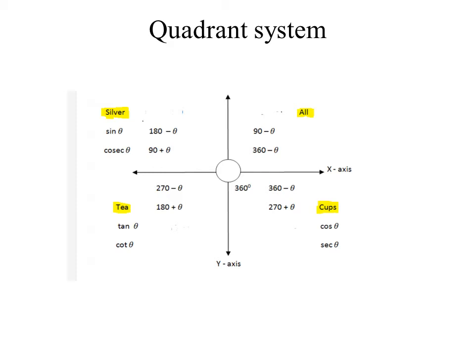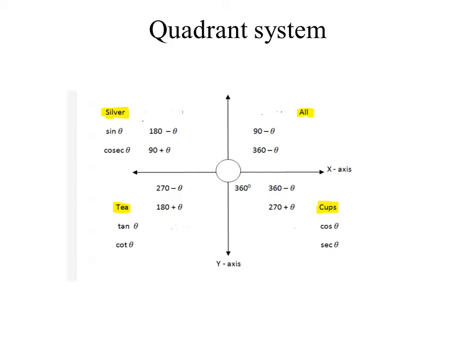Then the second quadrant as 180 minus theta or pi by 2 plus theta. Third quadrant as pi plus theta or 3 pi by 2 minus theta. Fourth quadrant as 3 pi by 2 plus theta or 2 pi minus theta.